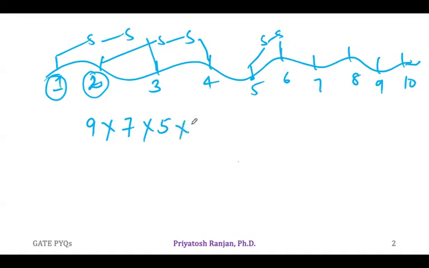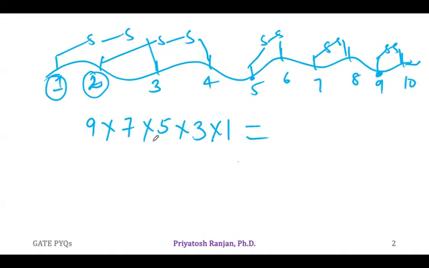For the remaining cysteine residues, what are the different possibilities? For the seventh, it's going to be 3. And for the remaining two, for example for the ninth residue, it is going to be 1, because only 1 is left.